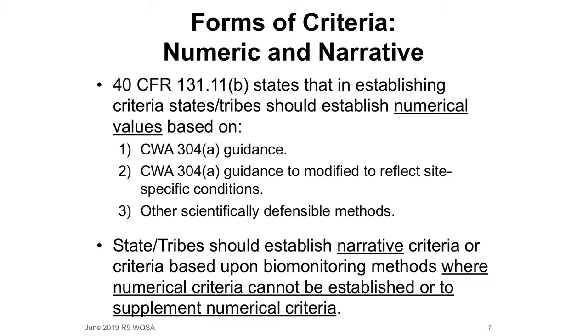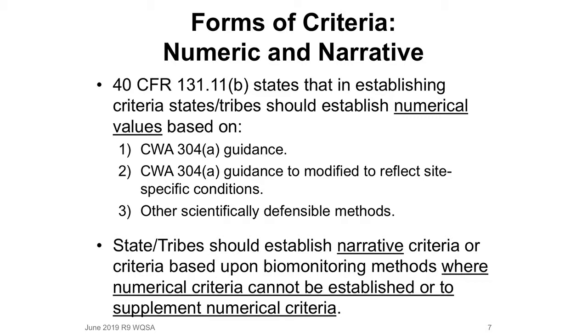And these are the numbers that headquarters comes up with and lists on their EPA website. And they're the basis which we use in determining whether or not the objectives used in California or the standards that you use in Hawaii are protective, right? So what we're looking at is, is it protective of the use? And the easiest thing for us to do is ask, is it as protective as our 304(a) criteria?